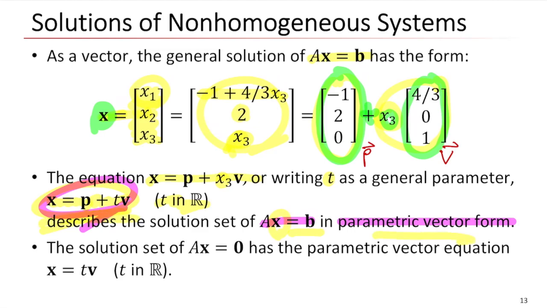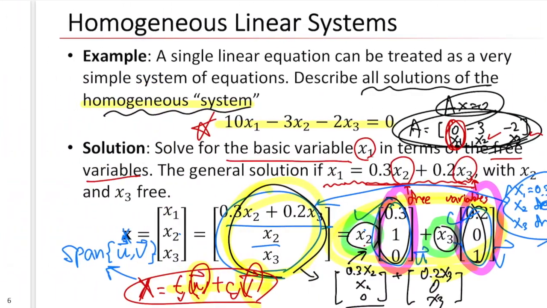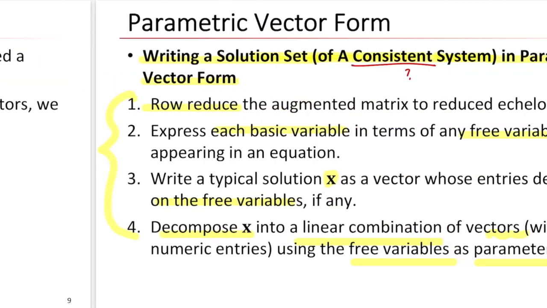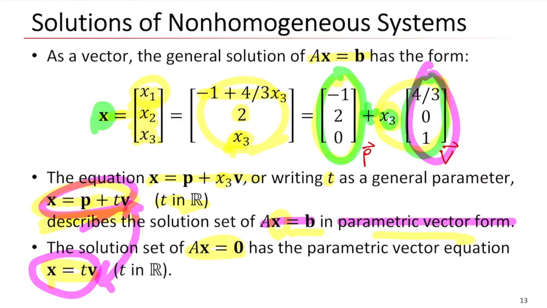But if you remember the previous example, the solution set of Ax = 0 has the parametric vector equation x is equal to tv, with the same vector v, right? This one and this one, those two vectors are exactly the same, right? Then what is the difference between the solution of Ax = b and the solution of Ax = 0?